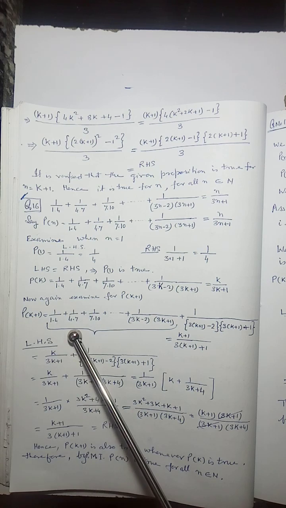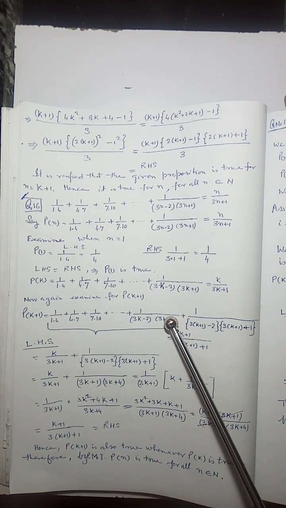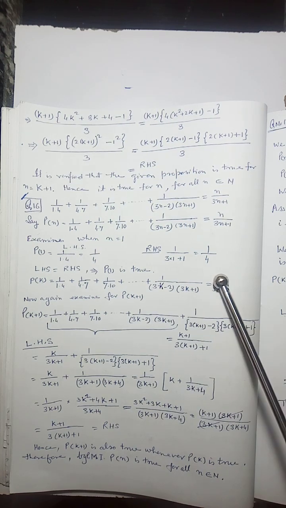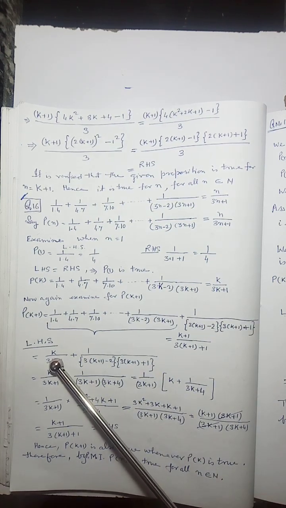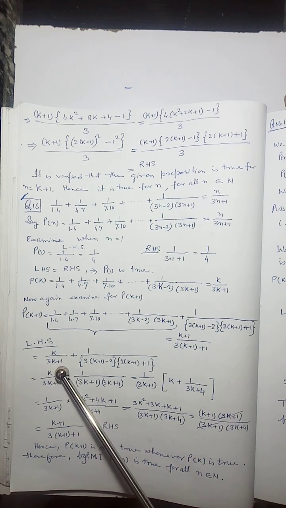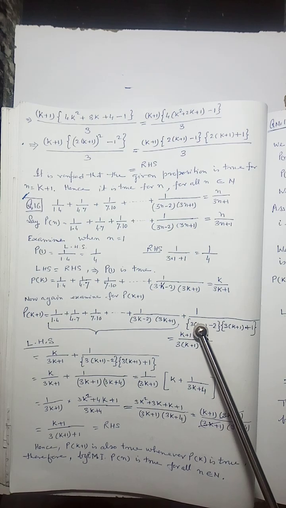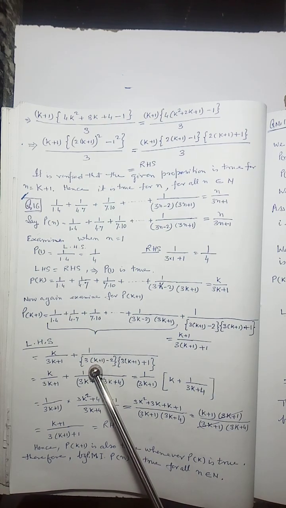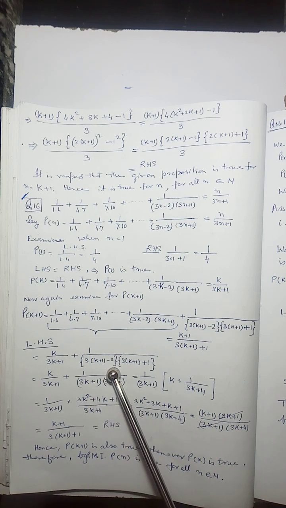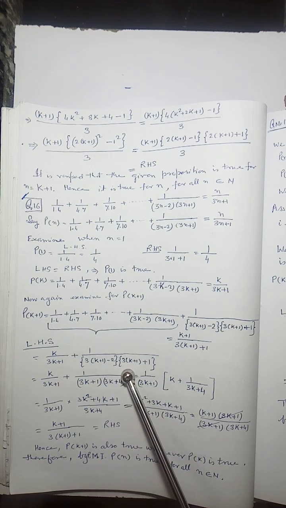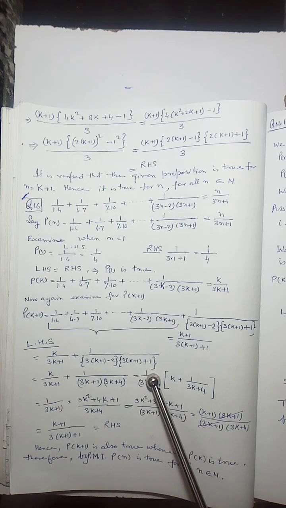So the left hand side, from this point to this point, is equal to k upon 3k plus 1. Now write it down here. Left hand side is k upon 3k plus 1 plus the new term, 1 upon (3(k plus 1) minus 2)(3(k plus 1) plus 1).